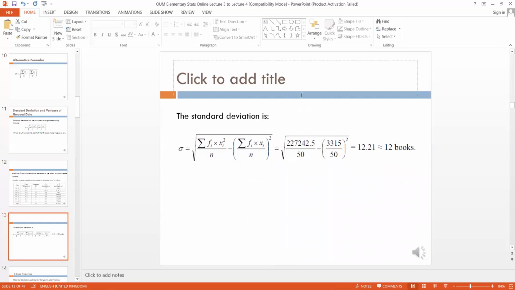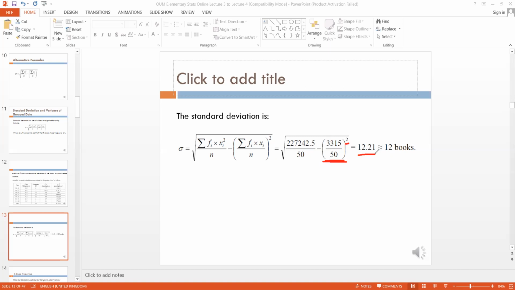You put that in the formula. Like I said, this square affects just the quantity in the bracket here. When you do the computation and find the square root of it, you should get 12.21. Since we are dealing with books, this can be approximated to 12 books.